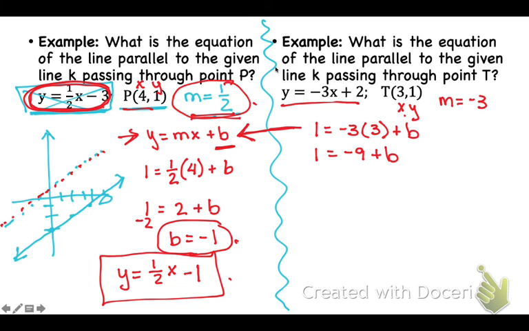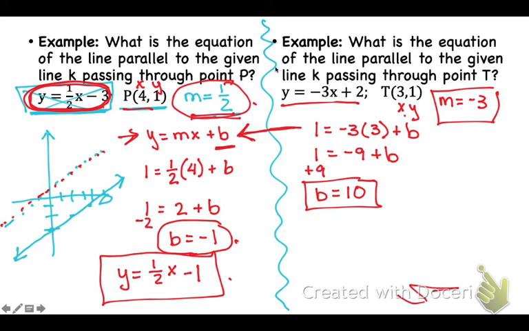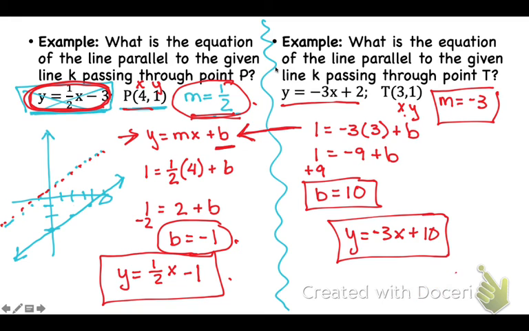So b is 10. So b is 10, m is -3. Can I plug it back into my equation then? Yeah. So y equals m, -3, x plus b. Every single problem, guys, it doesn't matter what the numbers look like, does it? No.